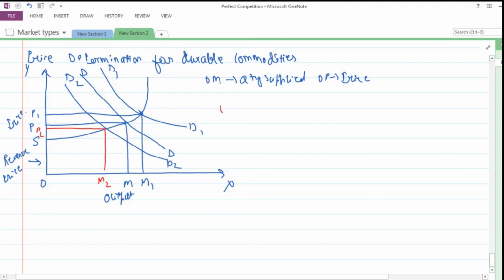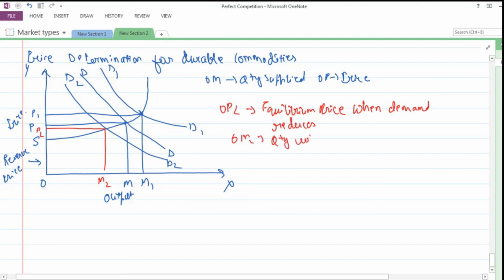So OP2 is the equilibrium price when demand reduces, and OM2 is the quantity when demand reduces.